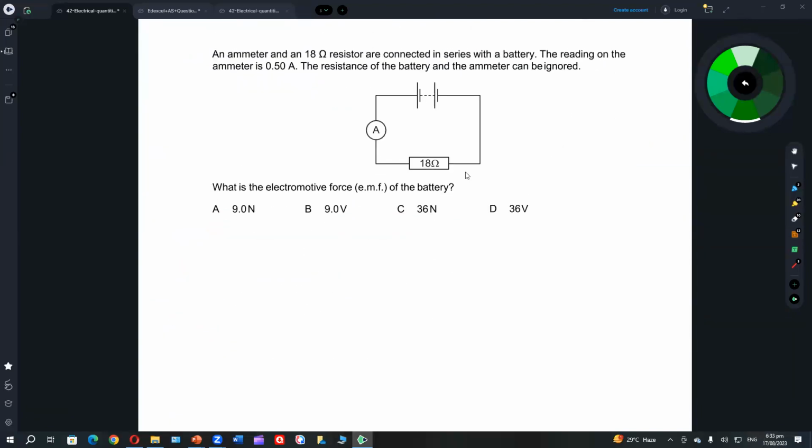An ammeter and an 18 ohm resistor are connected in series with a battery. The reading on the ammeter is 0.5 ampere. The resistance of the battery and the ammeter can be ignored. We have the current, we have the resistance. I'm writing the formula and you people have to calculate.